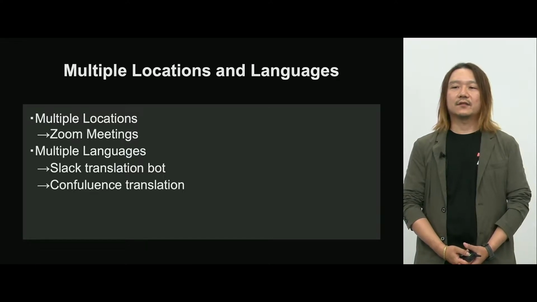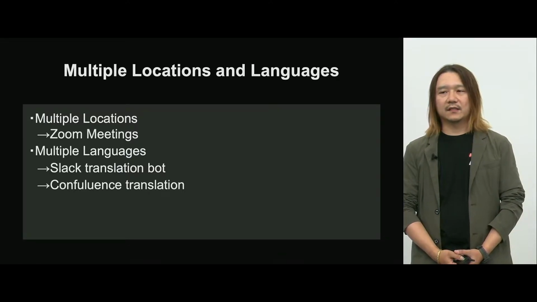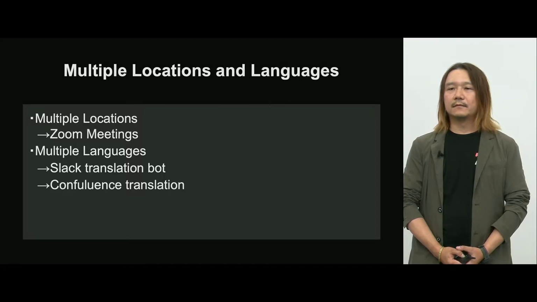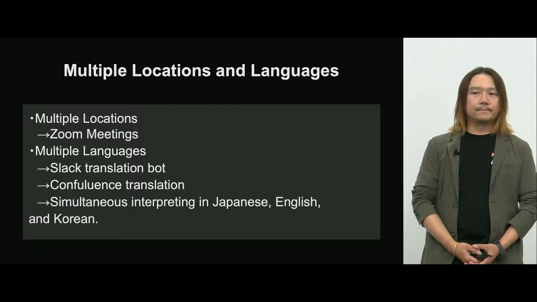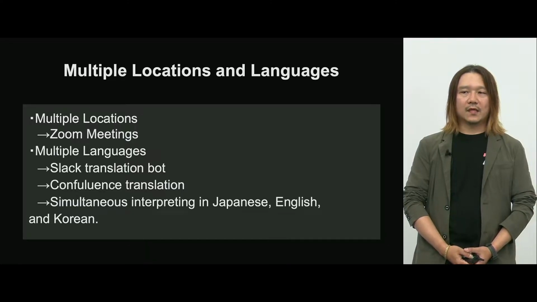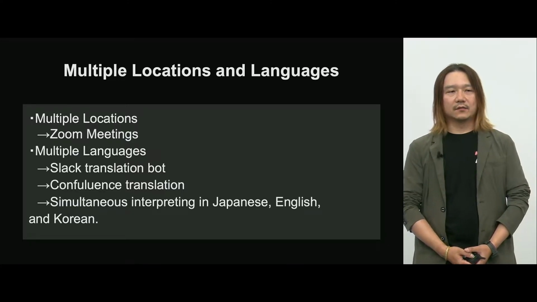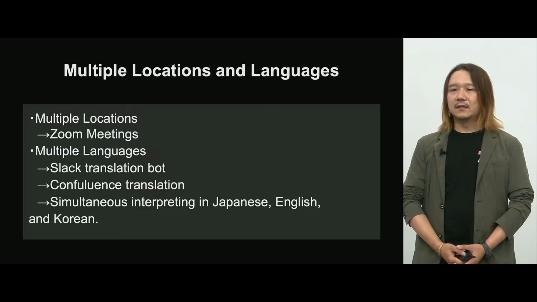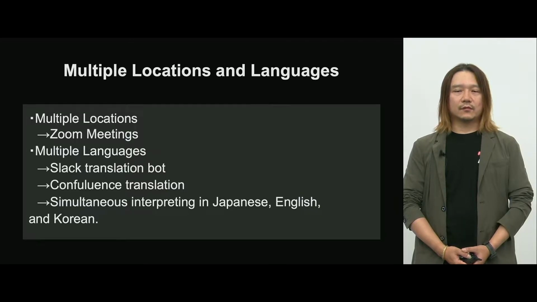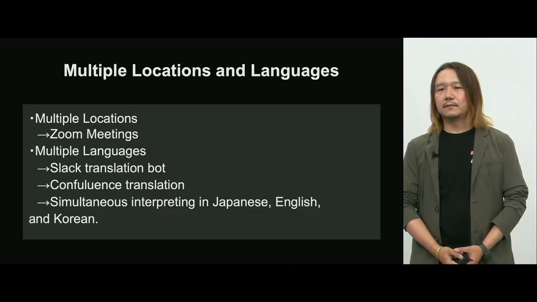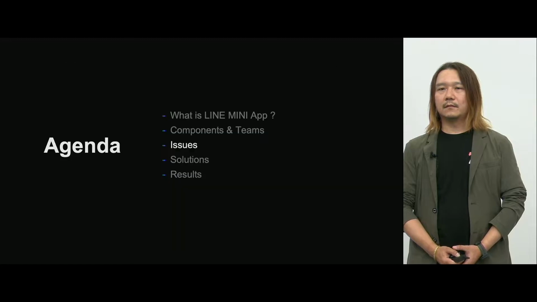From the beginning, we may create documents in multiple languages. And in the meeting, if we need to have a real-time dialogue, there will be simultaneous translators available in Japanese, English, and Korean. As interpreters work together with us, we can have real-time communication.